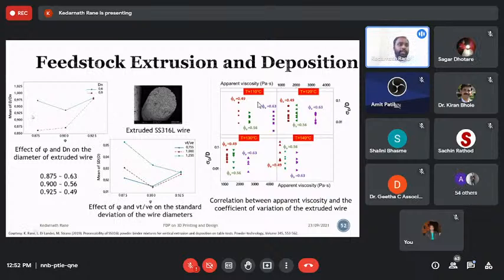So we understood the deposition: on the y-axis you have the diameter of the extruded strand with respect to the nozzle diameter, and it deviates significantly. I'm not going to discuss results here because I need to dive into more detail, and it requires a lot of time to illustrate everything.